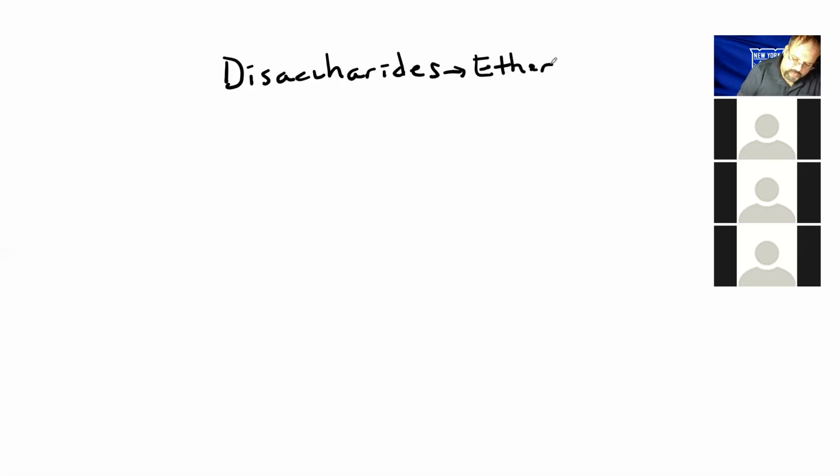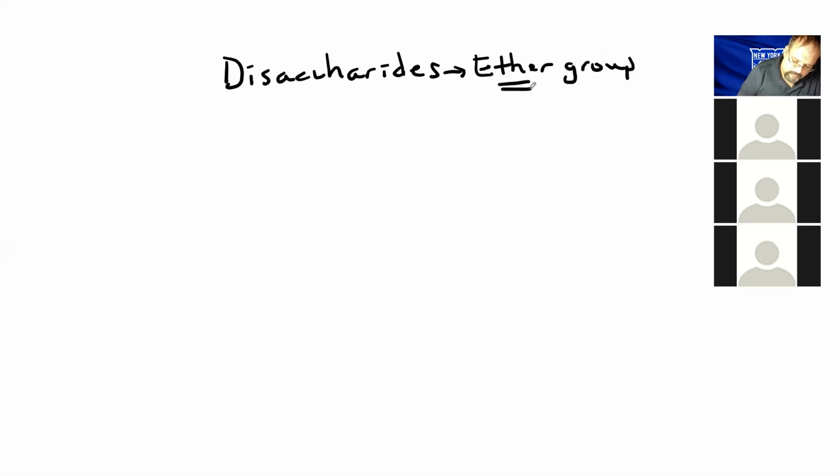All right, so last part of the chapter. Disaccharides. Disaccharides are formed when two monosaccharides are linked together. What type of functional group do you have?